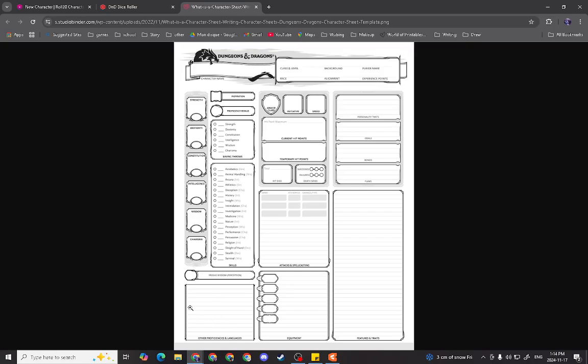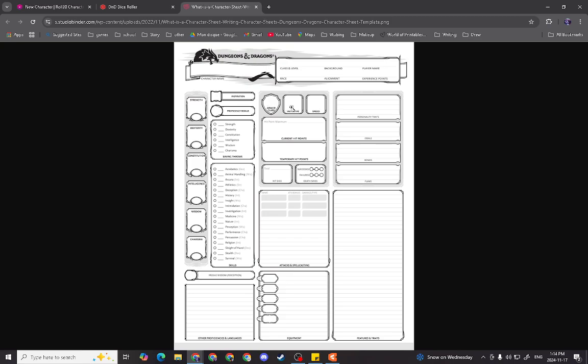You'll also have a space for proficiency in language, your money, your attacks and spell casting, and features and traits. Death saves is if you die. This only applies when you die. And then your hit points is how much health you have. Your armor class is how high someone needs to roll in order to hit you.